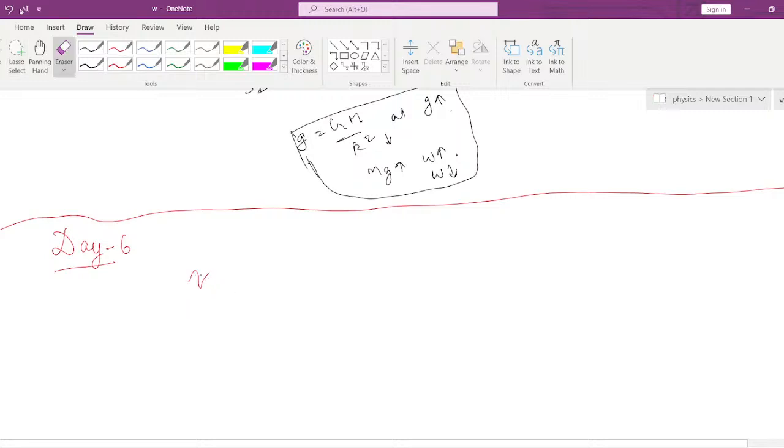Variation in weight due to change in acceleration due to gravity.